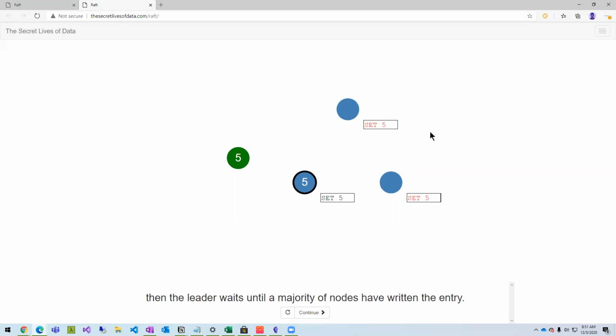But whenever this node comes back alive again, it will first see whether there is a leader in this system or not. And then it will hear a heartbeat from the leader. When it hears a heartbeat, the leader will make sure that all the logs it has are up to the latest entry.